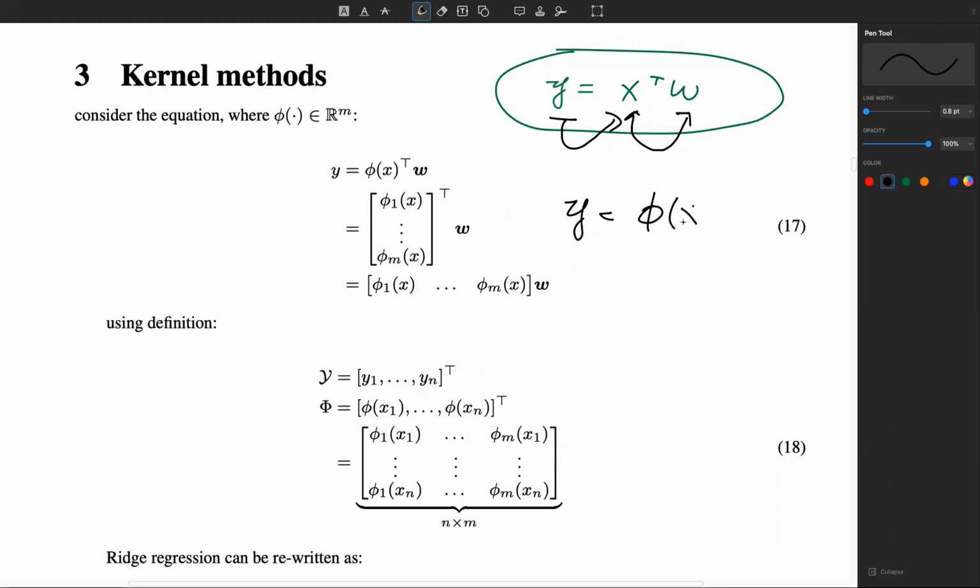You're going to have something like this: a phi function that projects X into a high dimensional space, and they form a linear relationship with Y. So the dimensionality of W should also be large, because it should correspond to phi. Otherwise, you can't perform the inner product. So that's the premise of the method I'm trying to describe to you. Is that clear?